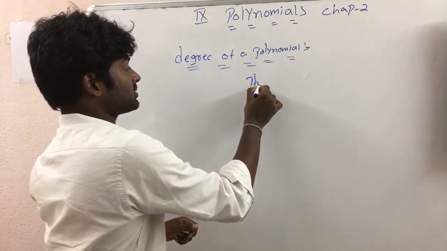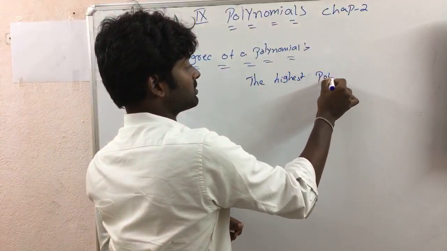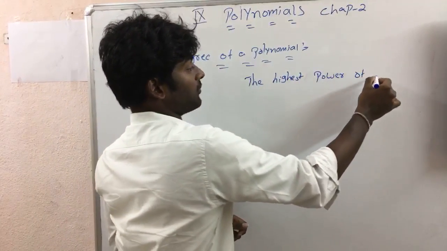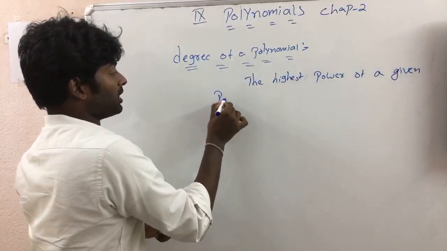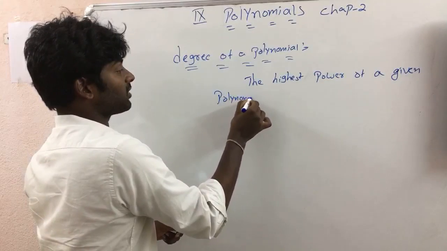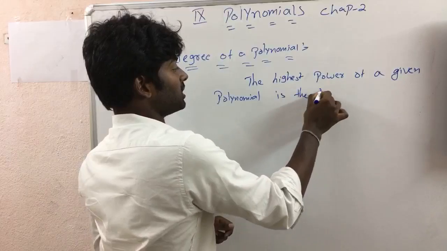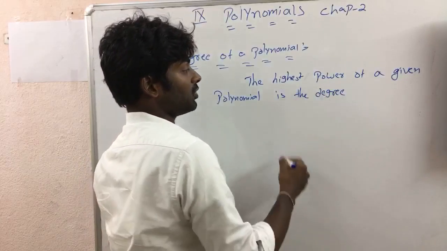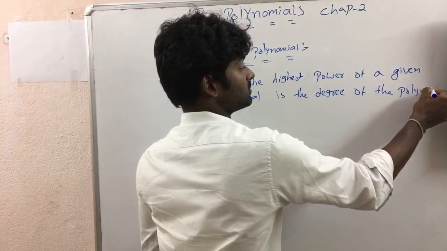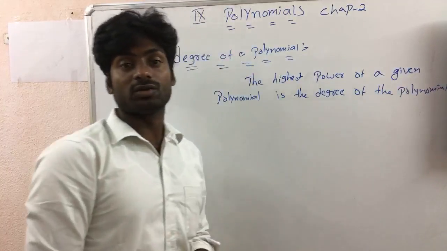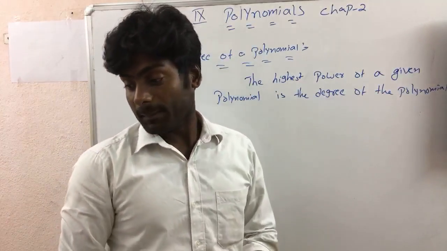The highest power of a given polynomial is nothing but the degree of the given polynomial. So we have to get the highest power of the given polynomial. That is said to be the degree of the polynomial.